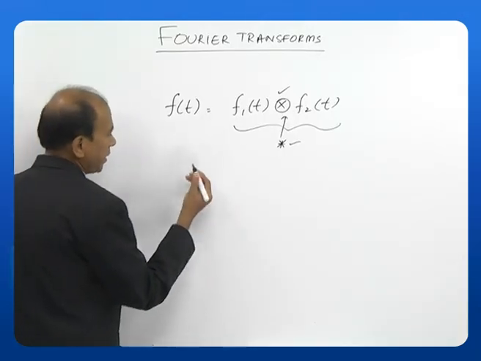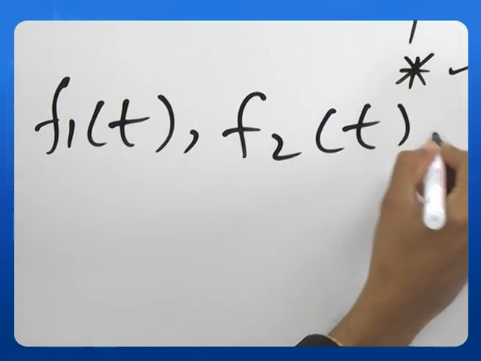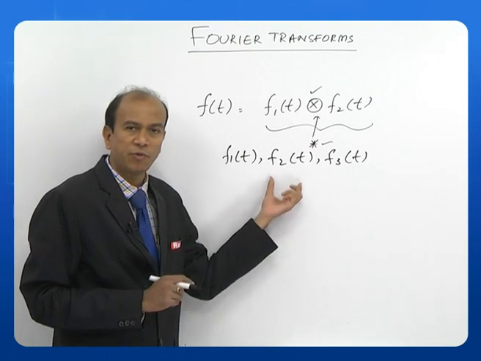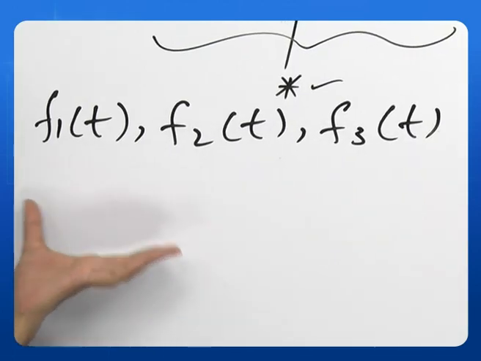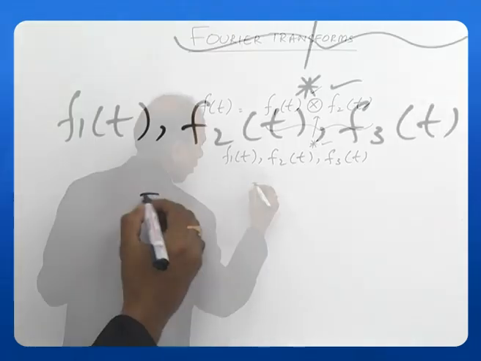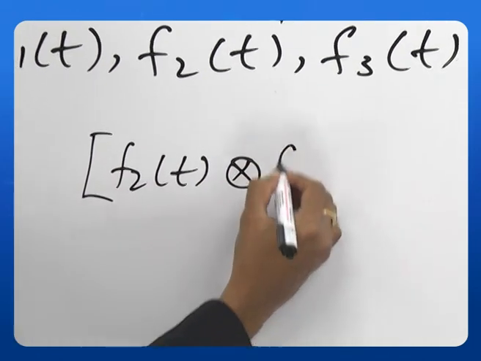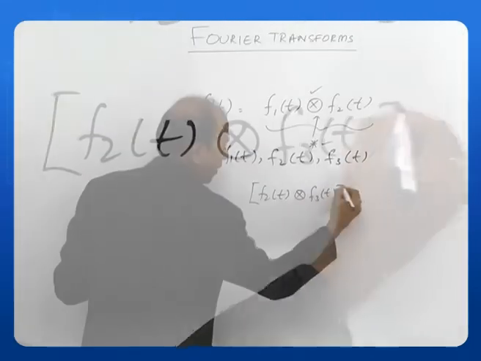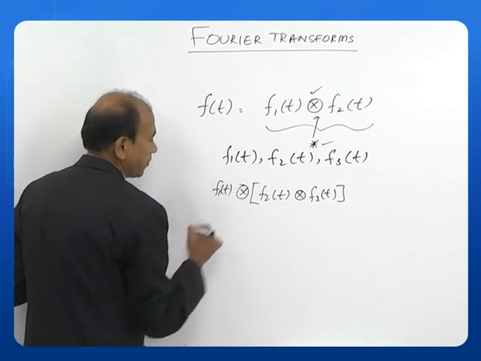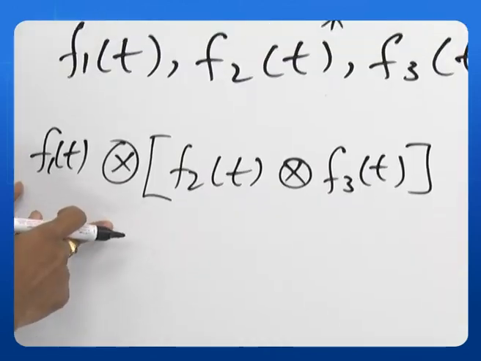Let us say I have three functions available: f1(t), f2(t) and f3(t). First the convolution of two of these is happening, and the result is convolved with the third function. The convolution result of this is again convolved with f1(t).